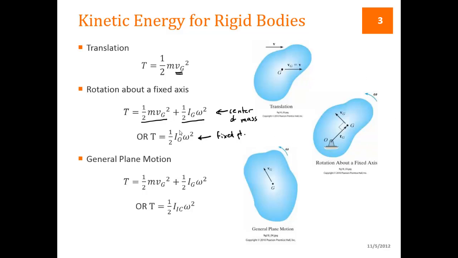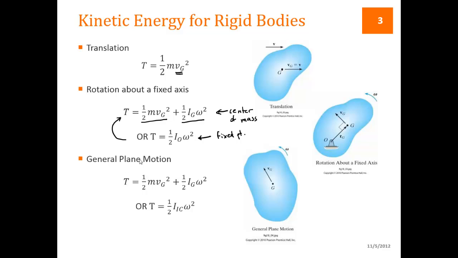If we translate this Ig into Io by using the parallel axis theorem, we can write this as a single term because point O does not translate. So the translation part of the kinetic energy for point O is 0, and the rotational part of the kinetic energy is 1/2 Io omega squared.